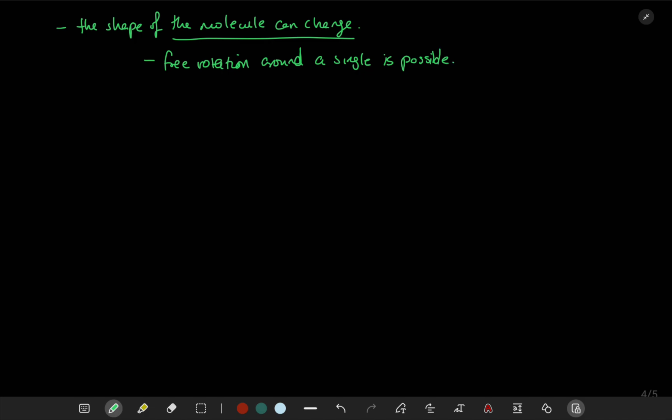And it's important to note that this free rotation is limited only to single bonds. So double and triple bonds cannot freely rotate. So let's look at an example here, okay?